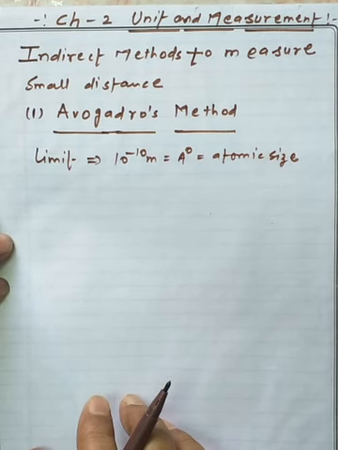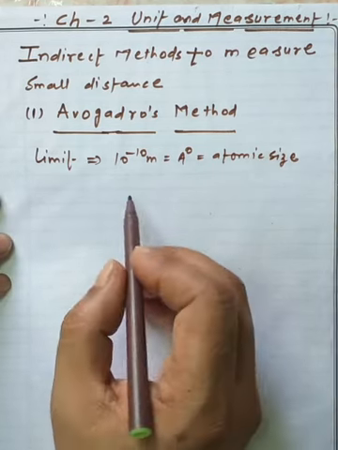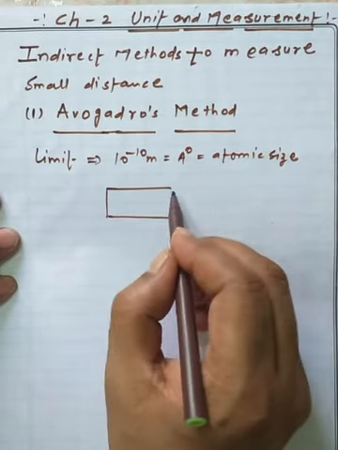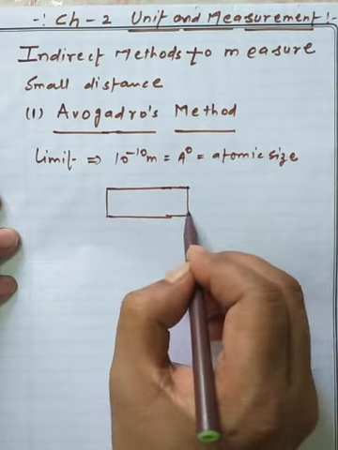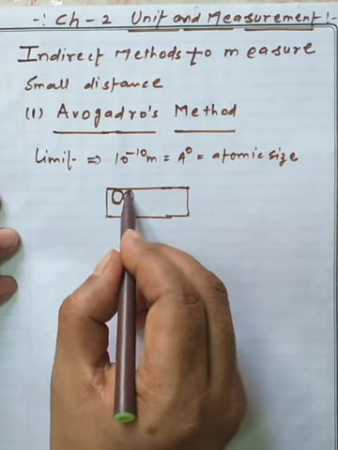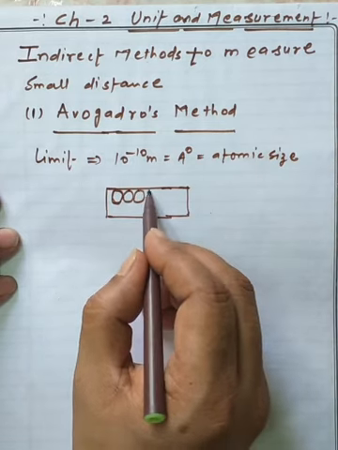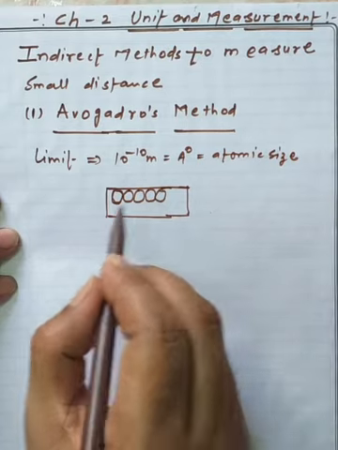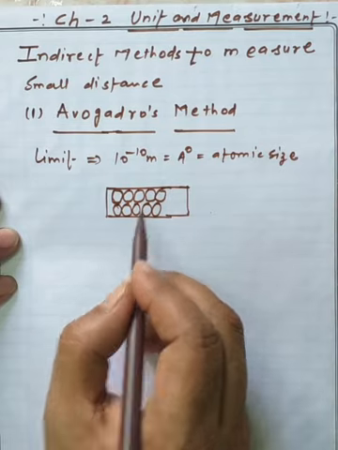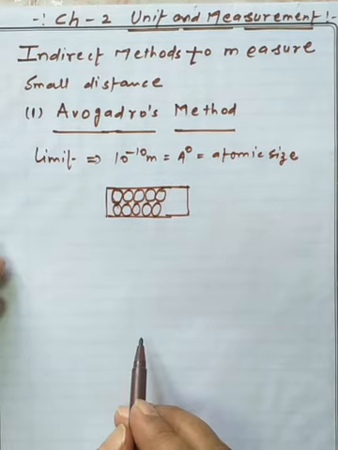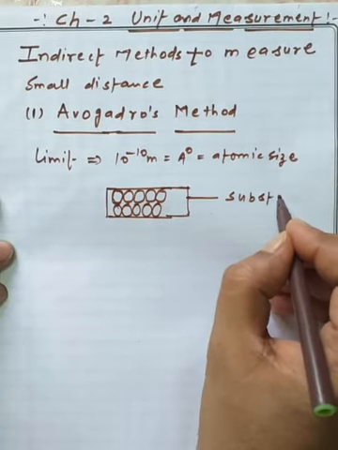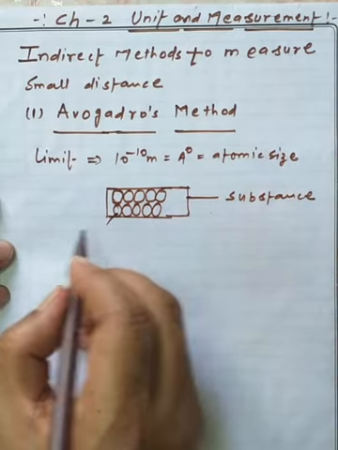We are using the concept of the Avogadro hypothesis. Avogadro says that we imagine a substance in which the atoms have a spherical size, so whenever they occupy space inside the substance, a little bit of space will be left. I am showing a pictorial diagram so you can easily see this little bit of space left inside the substance. This is the substance, and these are the atoms we have.